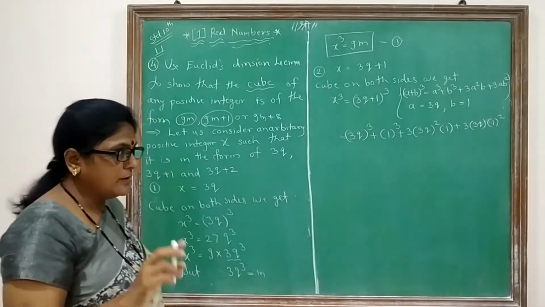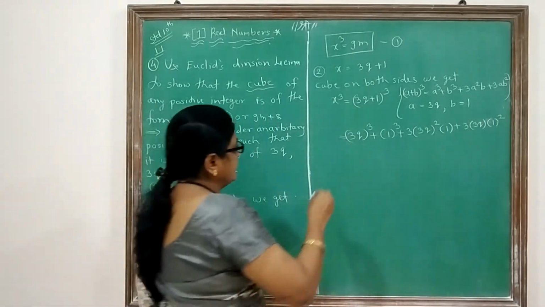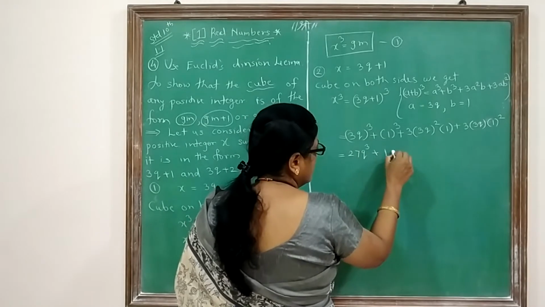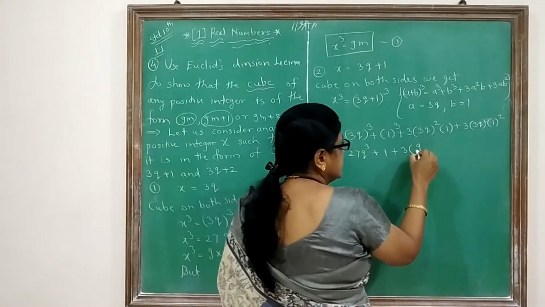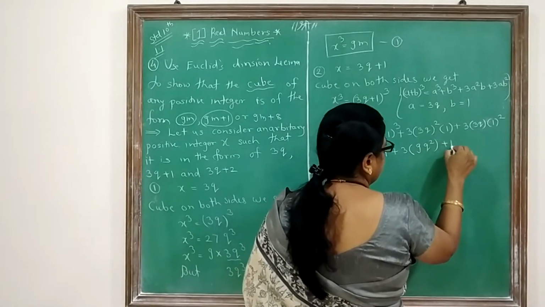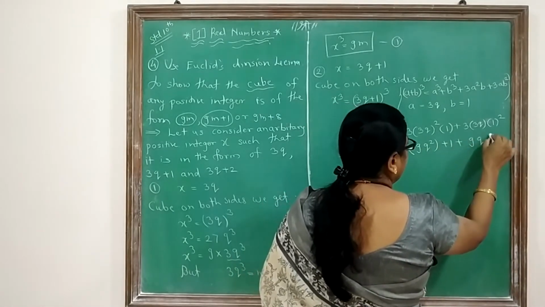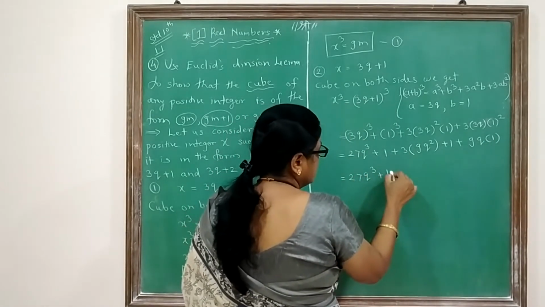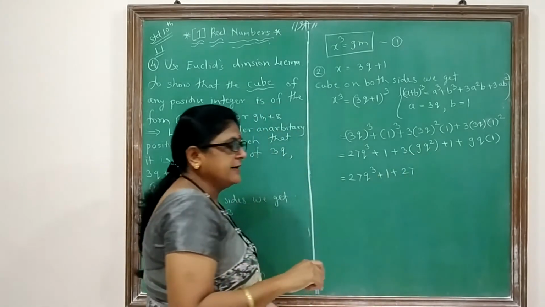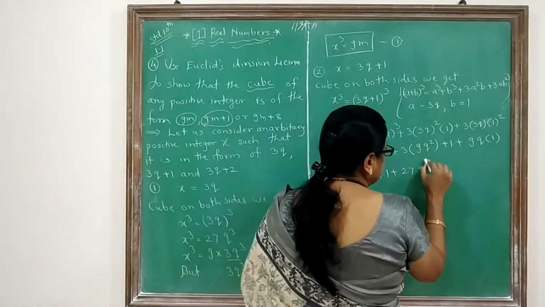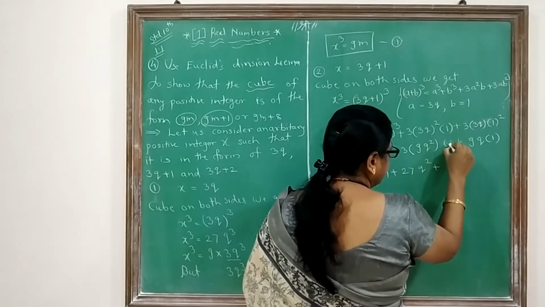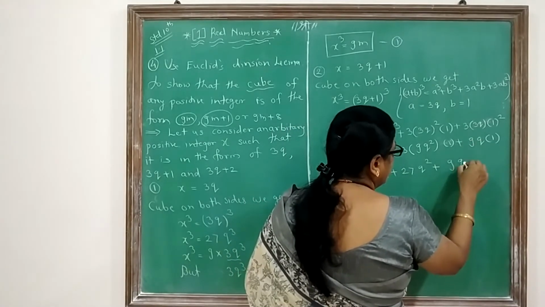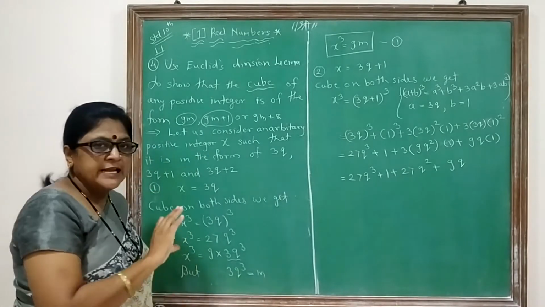Then 3 cube is 27, q cube is q cube, 1 cube is 1, plus 3 into 3 square is 9, 3 nines are 27 q square, and 3 into 3q into 1 square is 9q. Then rearrange this term.